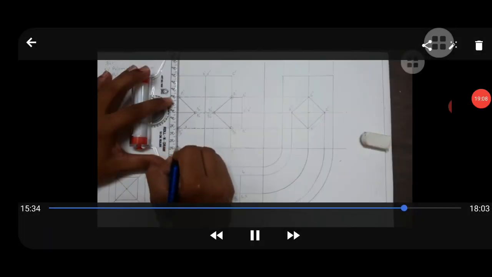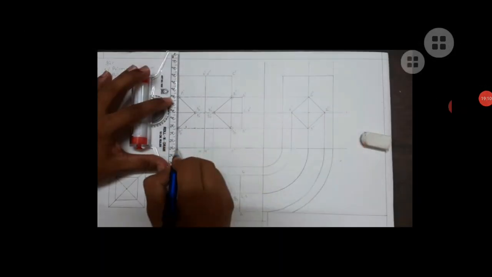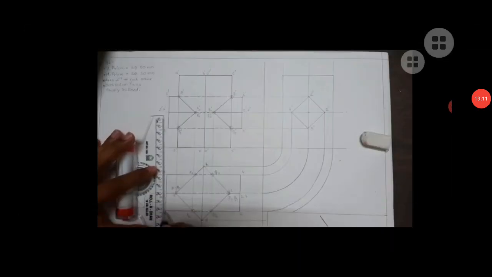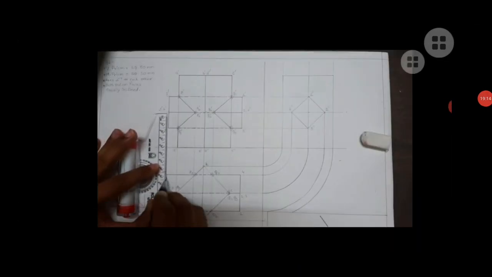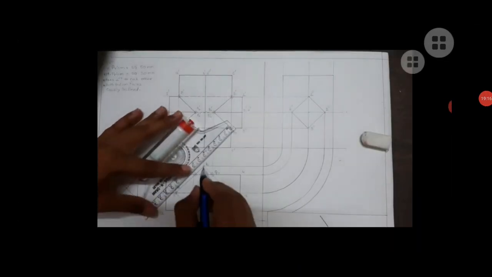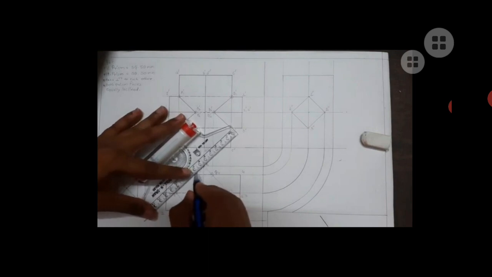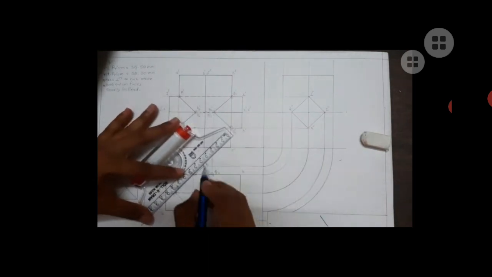Final. So this is your required final answer. So how to show the prism with prism intersecting?